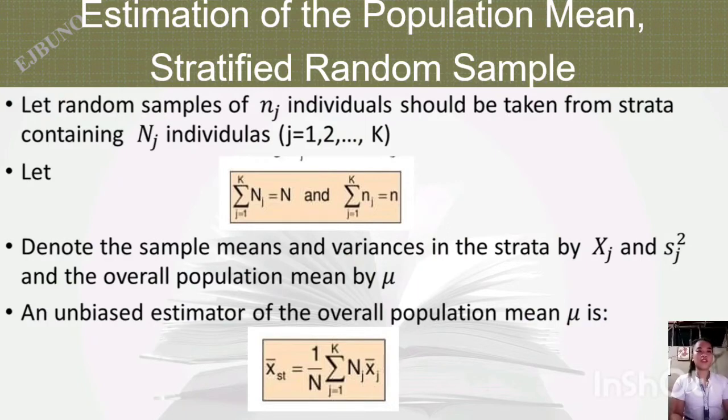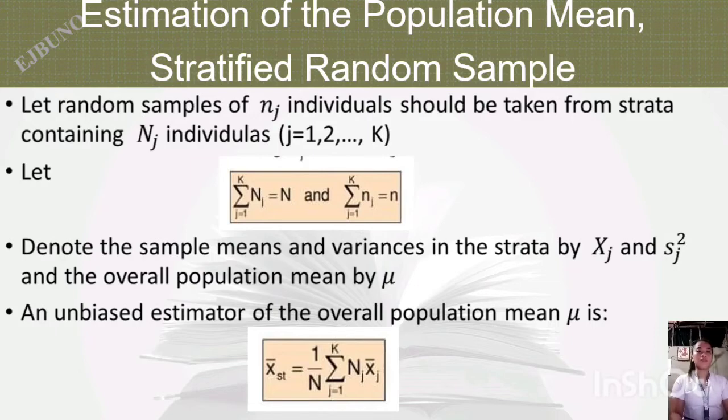Estimation of the population mean in a stratified random sample. Let random samples of n sub j individuals be taken from strata containing N sub j individuals, j equal to 1 to k. Let the summation of N sub j be equal to the population N and the summation of n sub j be equal to n.